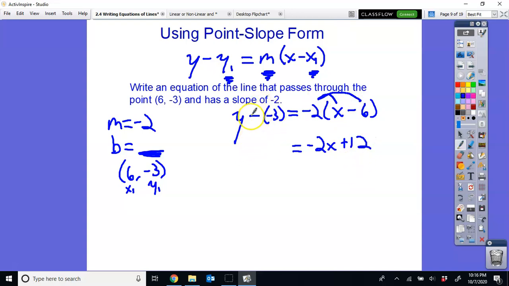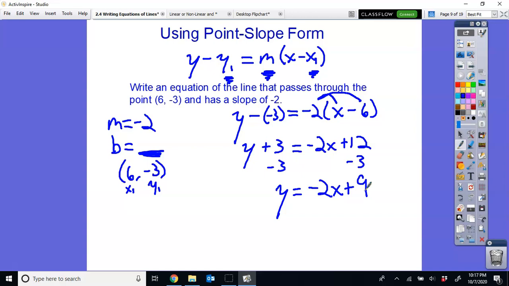Over here, when you have minus a negative, remember that's the same thing as y plus 3, because there's a little rule that you can use called leave, change, change, or the fact that subtracting a negative is the same thing as adding a positive. So then you can subtract this 3, and it gives me y equals -2x plus 9. And so that is my equation of my line.